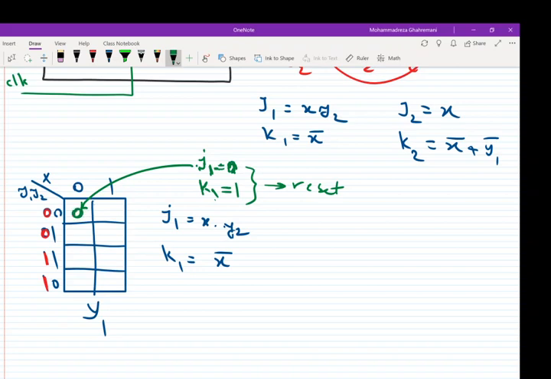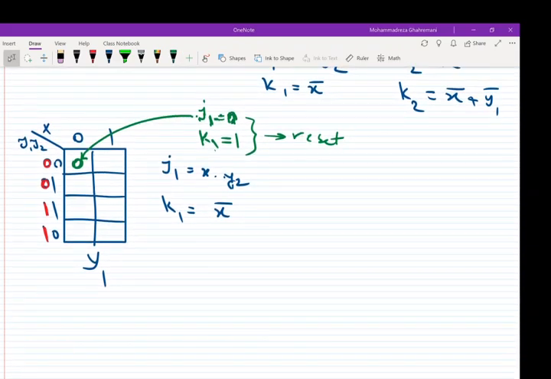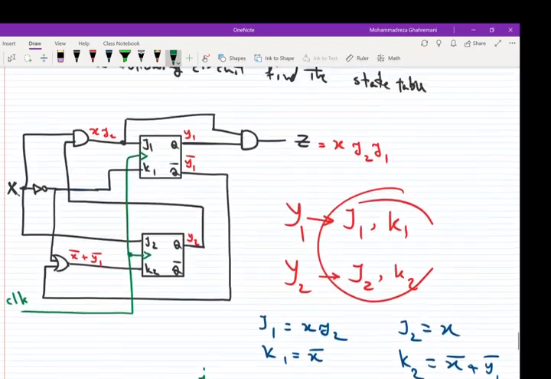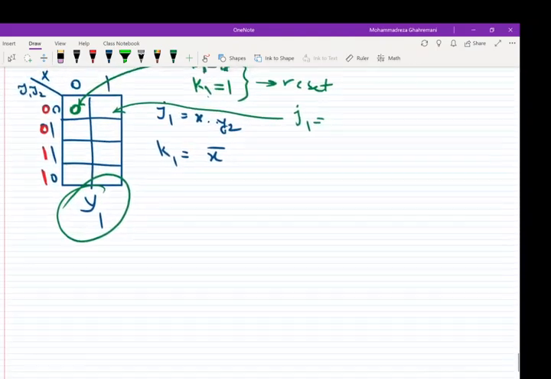That's it. Let's just do one more table together. Let's just focus on this cell. For this cell, don't forget, we are talking about Y1. What is Y1? Y1 is the next state of this flip-flop.